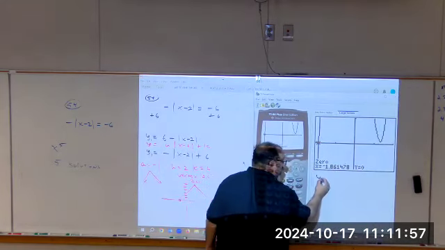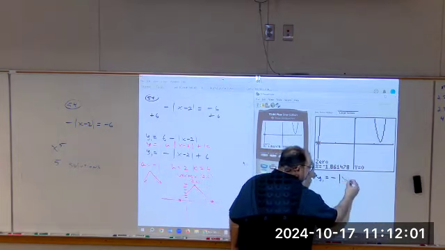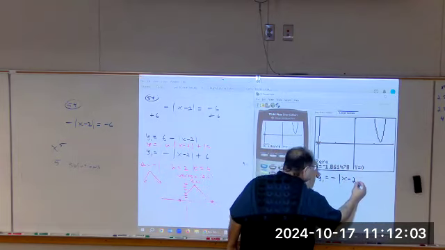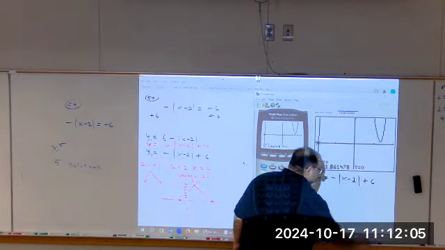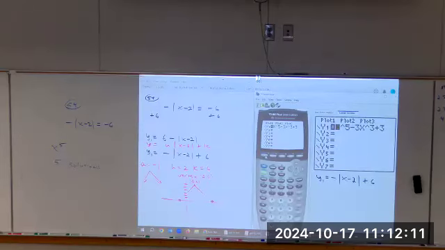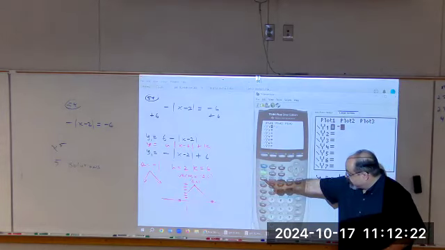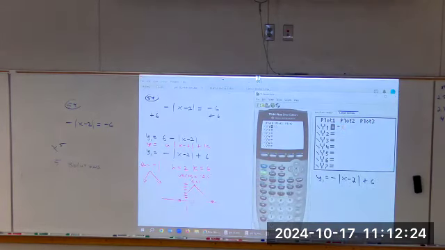So we're typing in y sub 1 equals negative absolute value of x minus 2, and then plus 6. Here's how we do this. I need a negative, and down here is my negative. For the absolute value, you hit the math button.